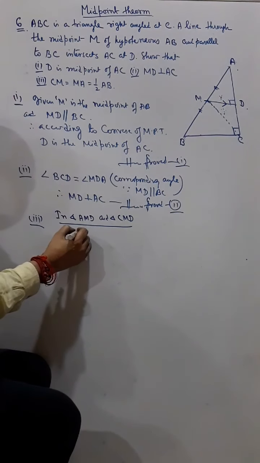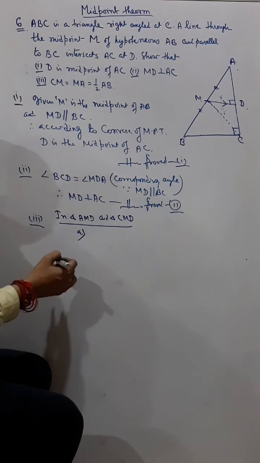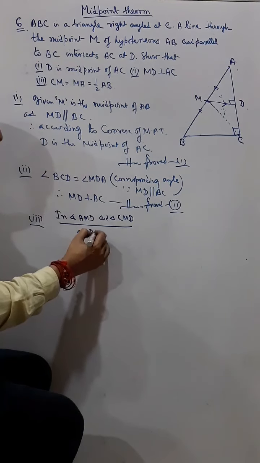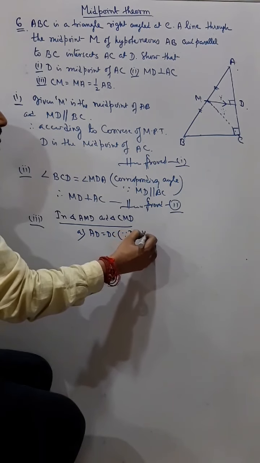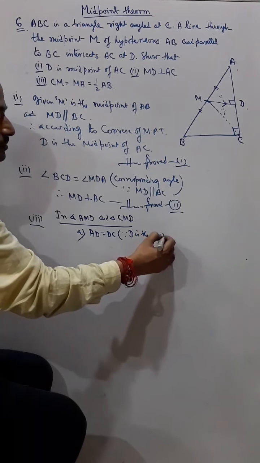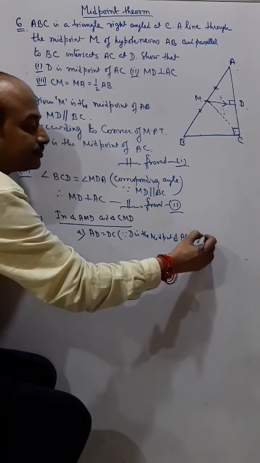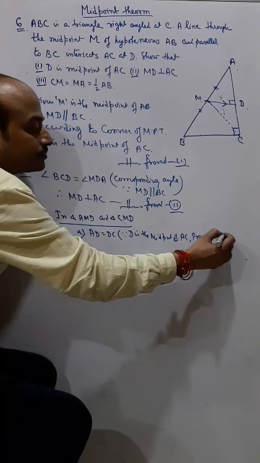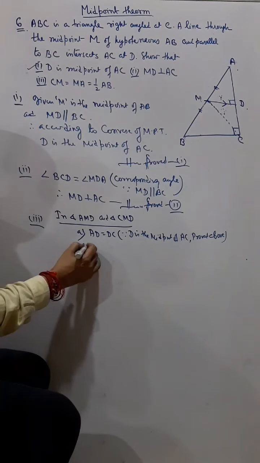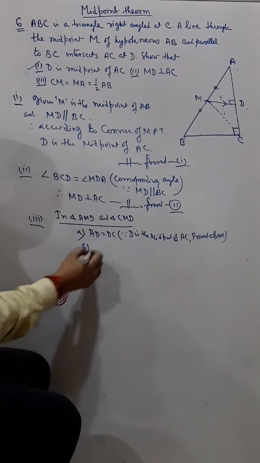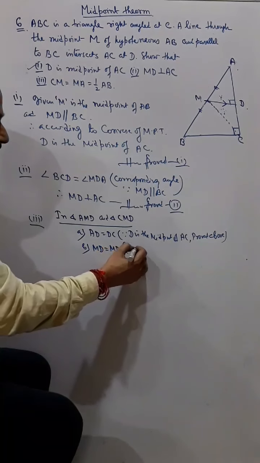So how can we prove it? Number A, the first thing, AD equals DC since D is the midpoint of AC, and that is proved above, we have proved in number 1. Number B, second point, MD equals MD, that is common.